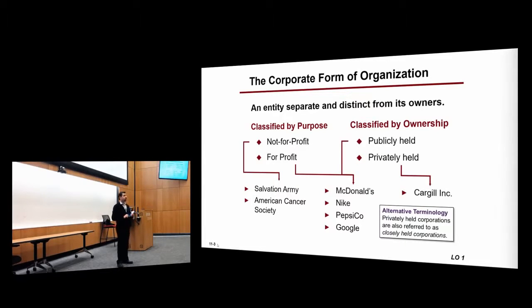Whether or not their main goal is to make money. Exactly. So when we talk about classification by purpose, it simply means are we talking about a corporation that is created to make money, that's for-profit company, or not-for-profit corporations.